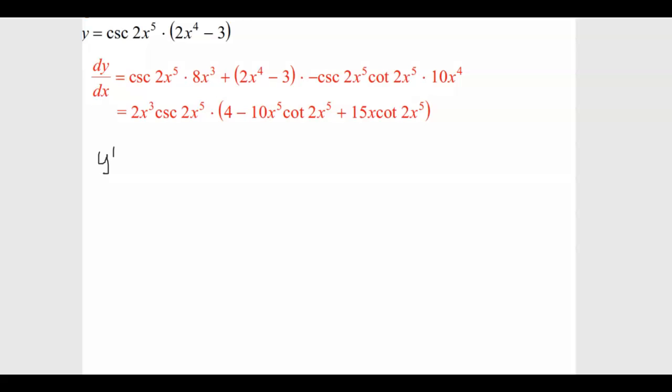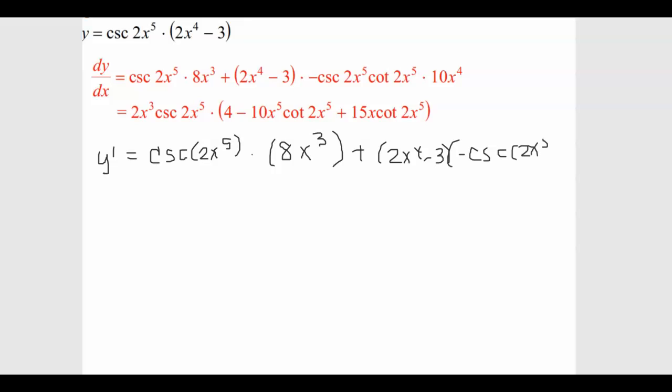So our y prime is the first times derivative of the second plus the second times derivative of the first. So again, derivative of cosecant is negative cosecant 2x to the fifth cotan 2x to the fifth times the derivative of 2x to the fifth, which is 10x to the fourth.